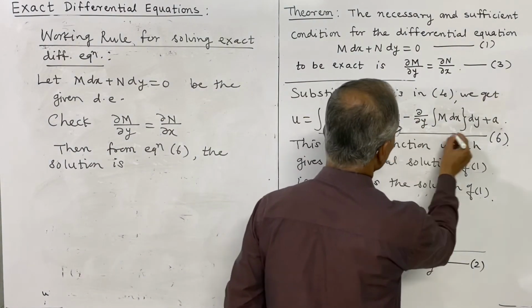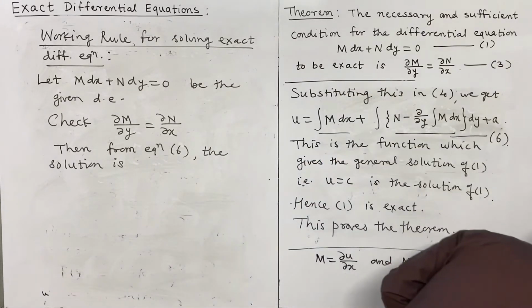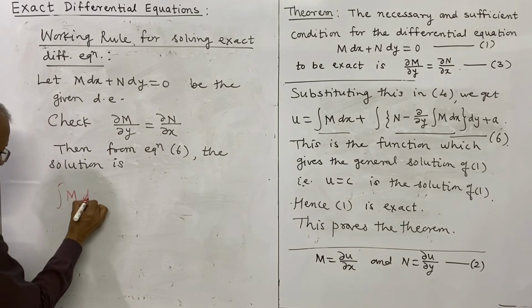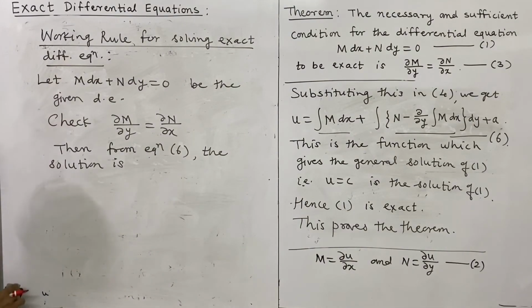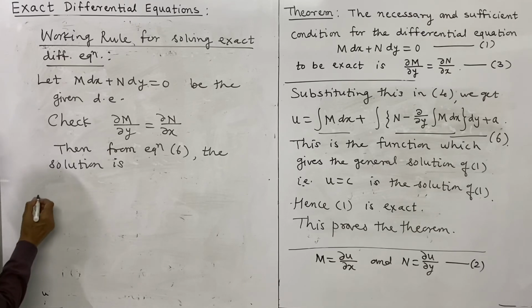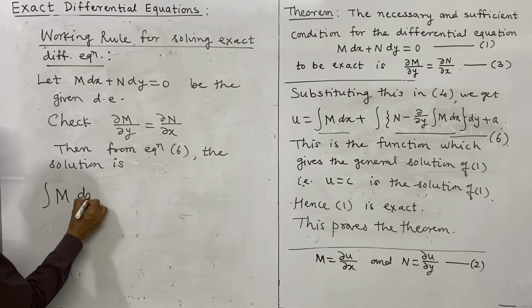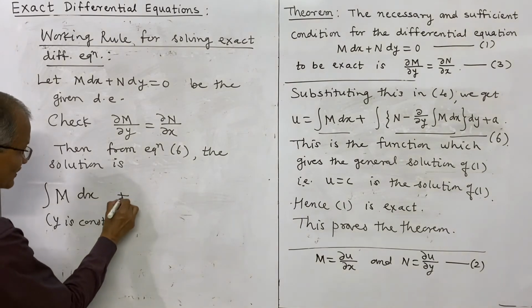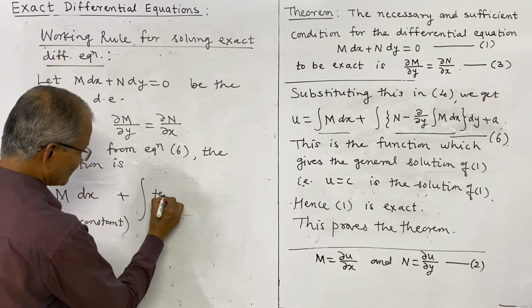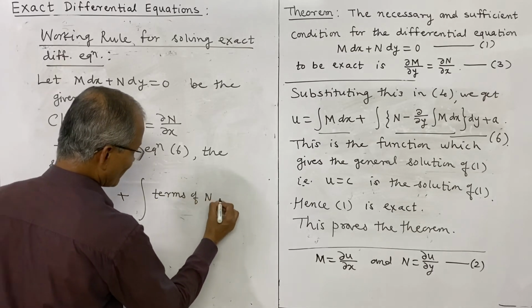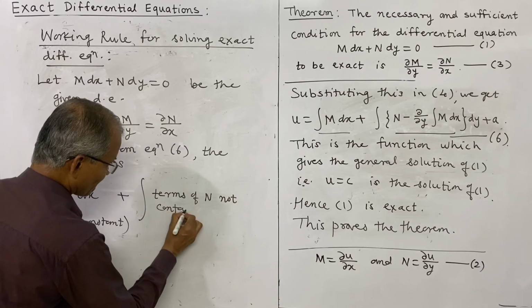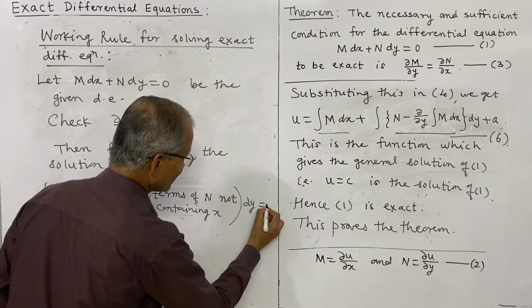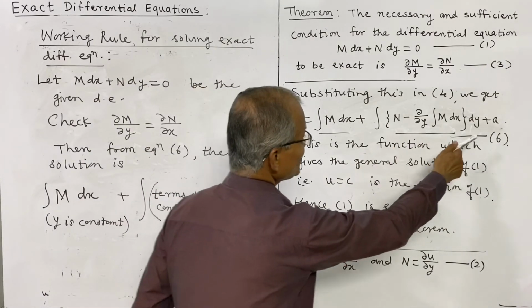So there are two parts in the solution, and the solution I shall write here as integral m dx, here y is constant, plus integral of terms of n not containing x, this is integrated with respect to y, and the right side is constant. u is equal to C. So this is a constant and this is a constant.